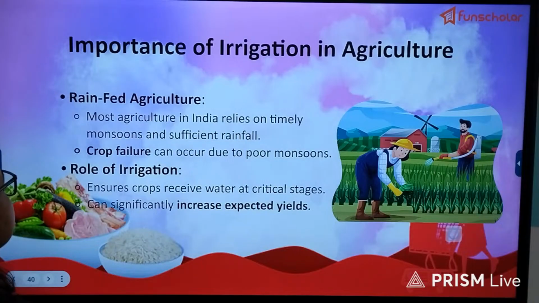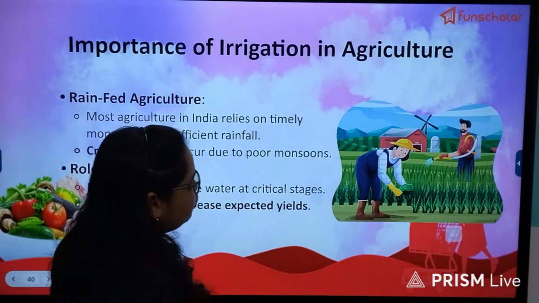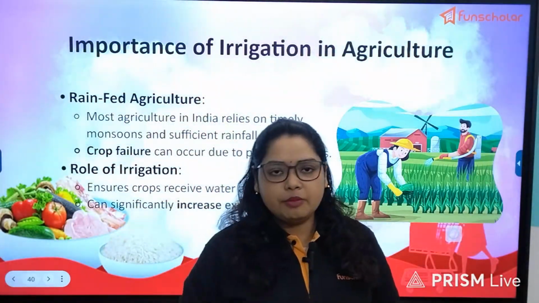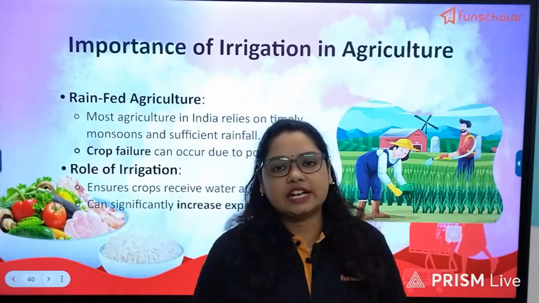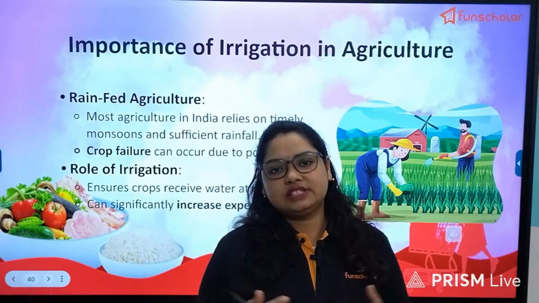Now, most agriculture in India relies on timely monsoon and sufficient rainfall. This was the case some few years back, because nowadays neither timely monsoon nor sufficient amount is seen.